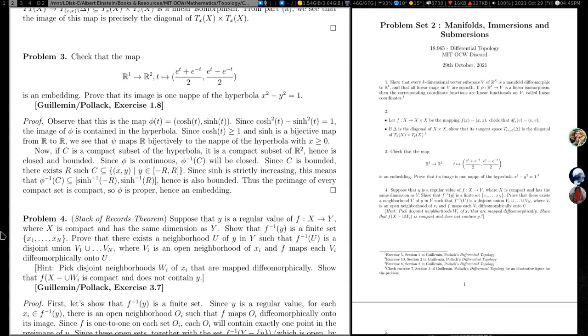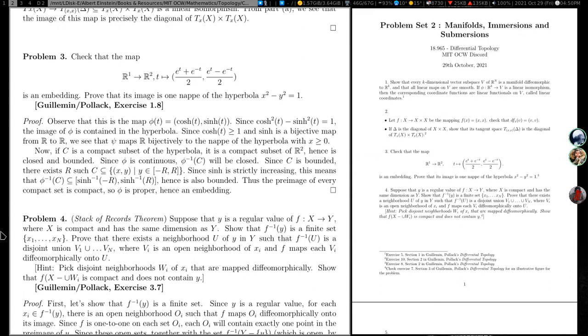And of course, cosh and sinh are both smooth functions. The part I had trouble with is showing that it's an embedding, because I think the only thing we have to go on is the definition that says it has to be a proper smooth bijection.